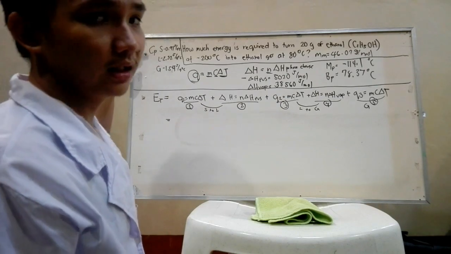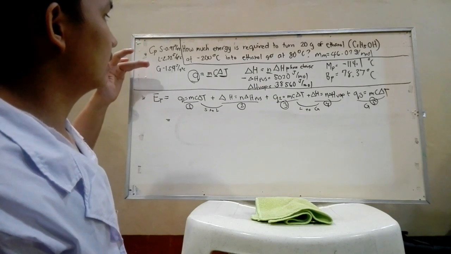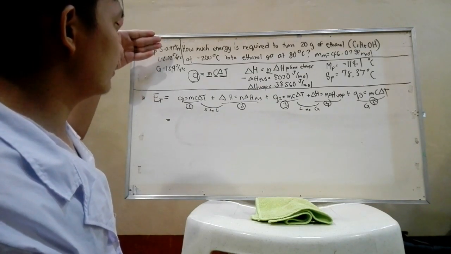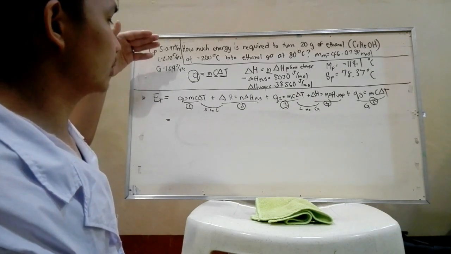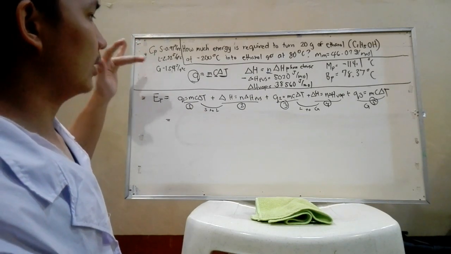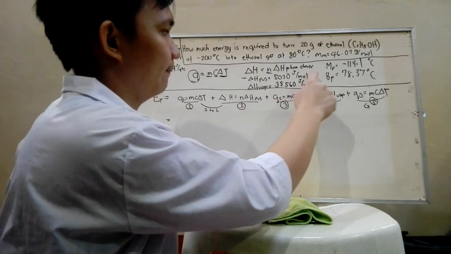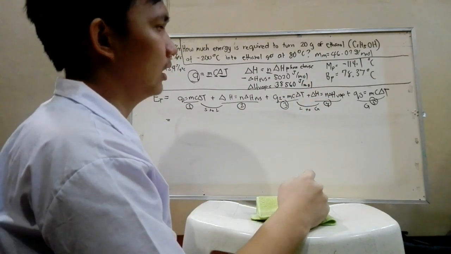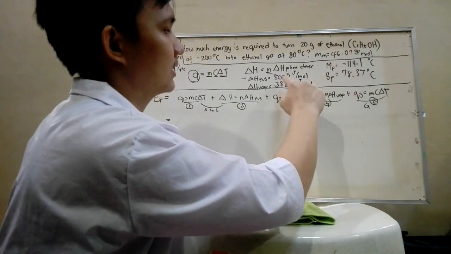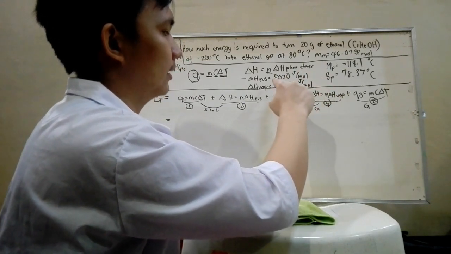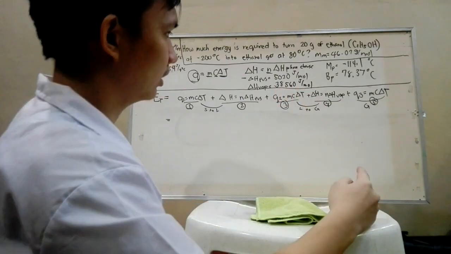So the heat capacity of ethanol in solid, liquid, and gas form are the following: 0.97, and then 2.32 and 1.54 in gas form. It's all in joule per gram degree Celsius. And these 2 right here, which are the enthalpy changes or phase change constants of ethanol, are 5020 joule per mole for fusion, and in vaporization it is 38,560 joule per mole.